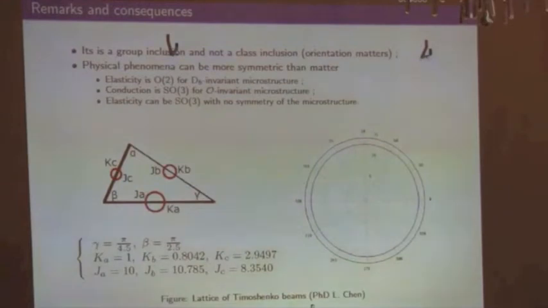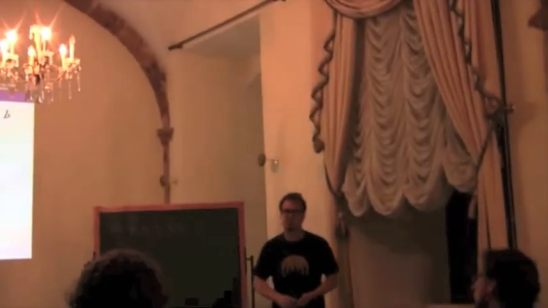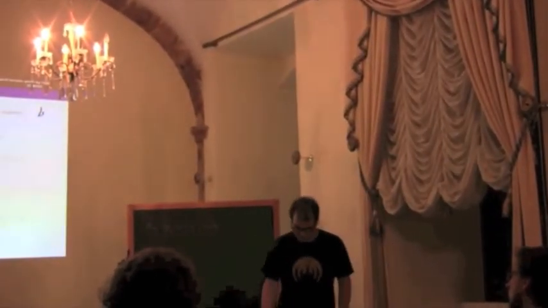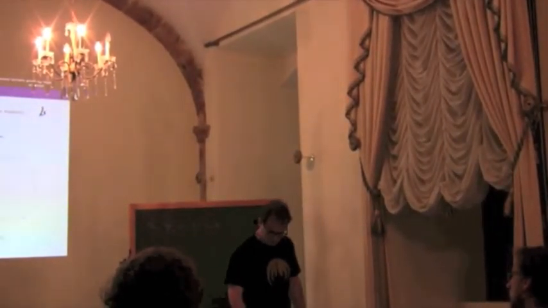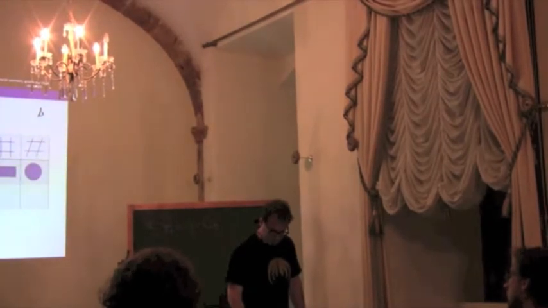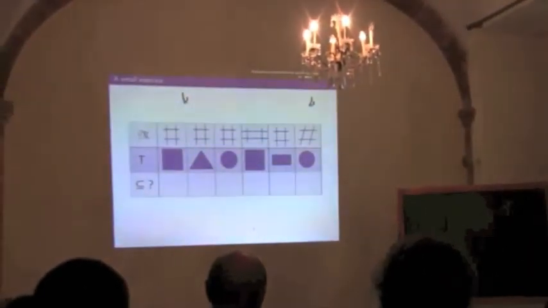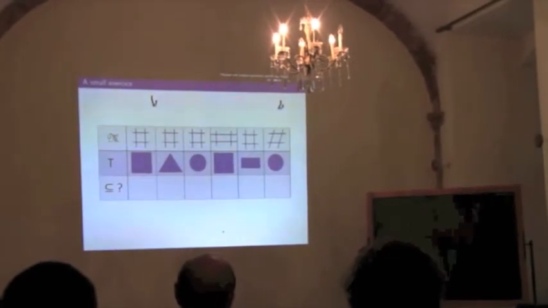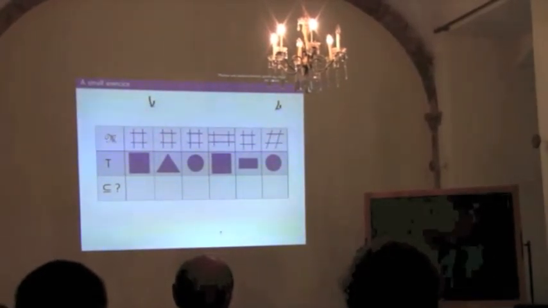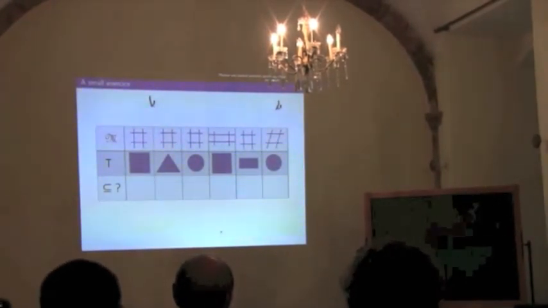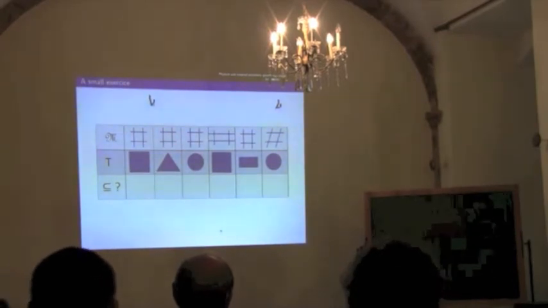Okay. I checked the computation, because the first time you see something with no symmetry implying something with a high level of symmetry, it's a bit tricky. So it's a kind of exercise: which ones are included in the other, and which are not.